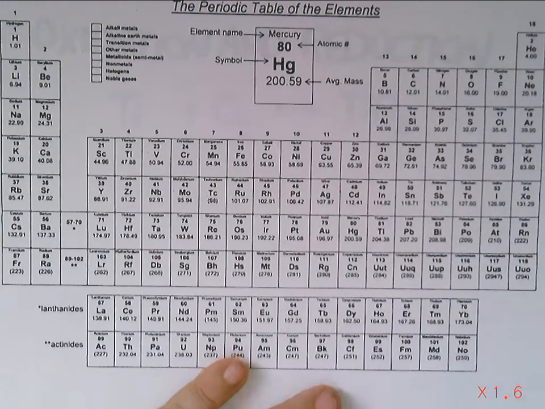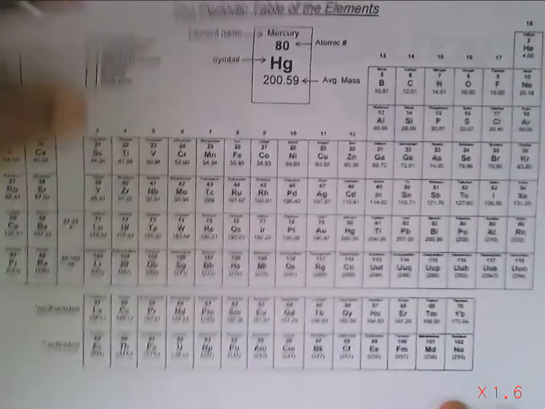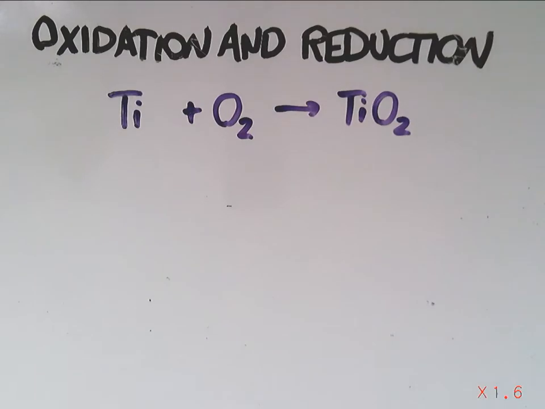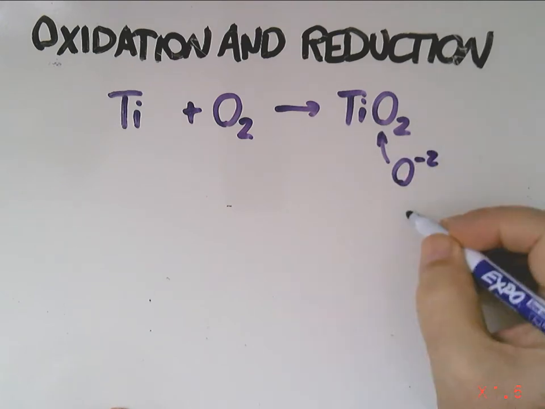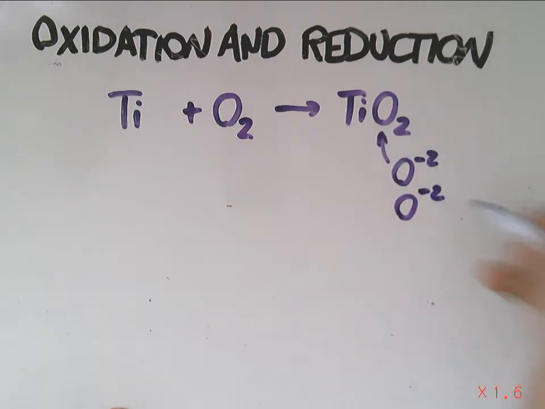So each oxygen here is going to be an O-2, because you want them both to be satisfied. They both want to have a neon configuration. So there are 2 oxygens in there, and each one's going to have a -2.